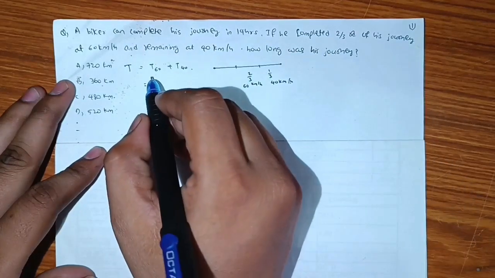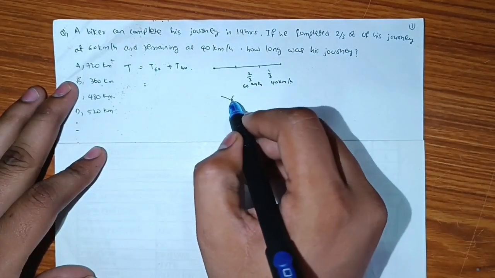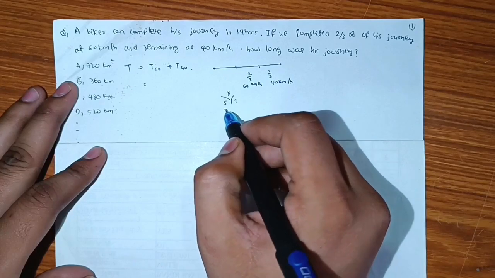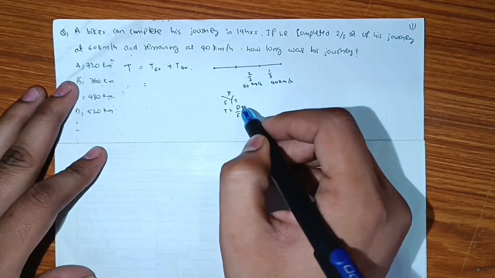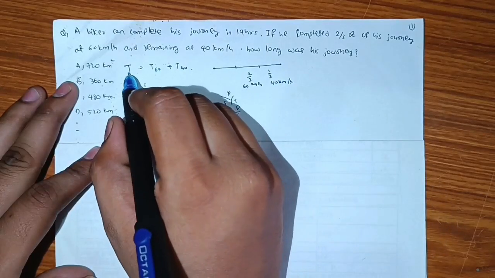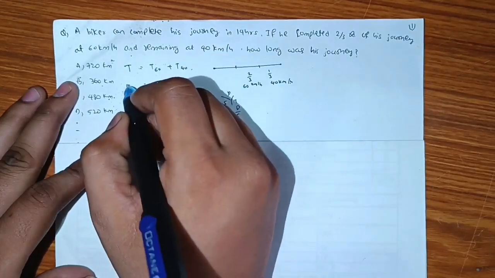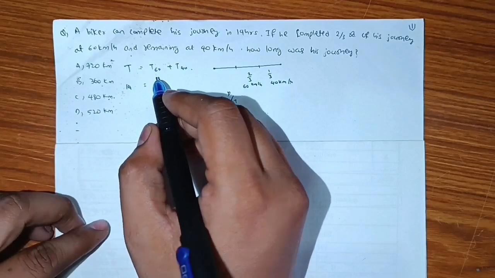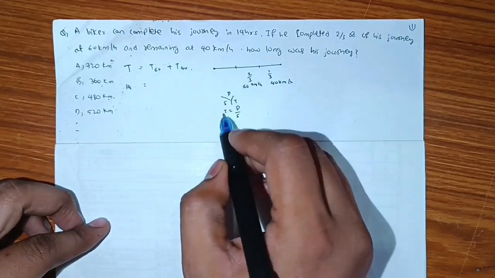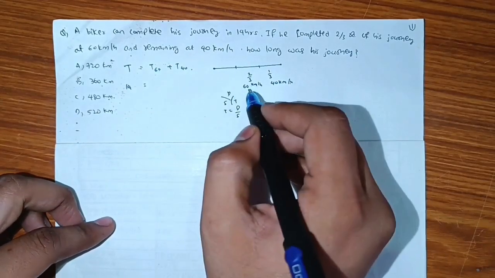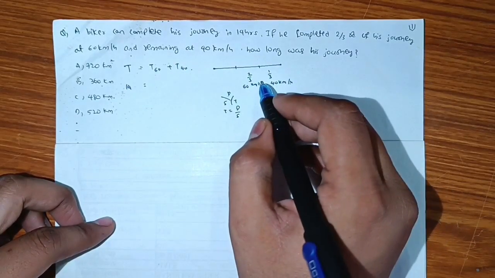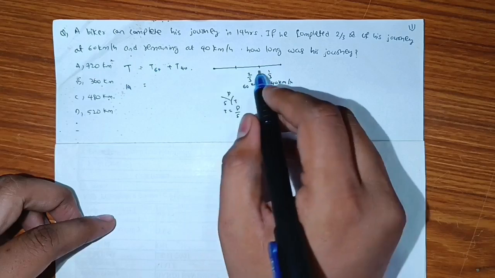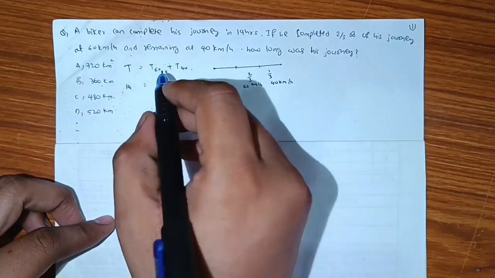Now apply DST. The total time is given as 14 hours. The time is formed as distance by speed. Here, at 60 km/h speed, he covers 2/3 of the distance.